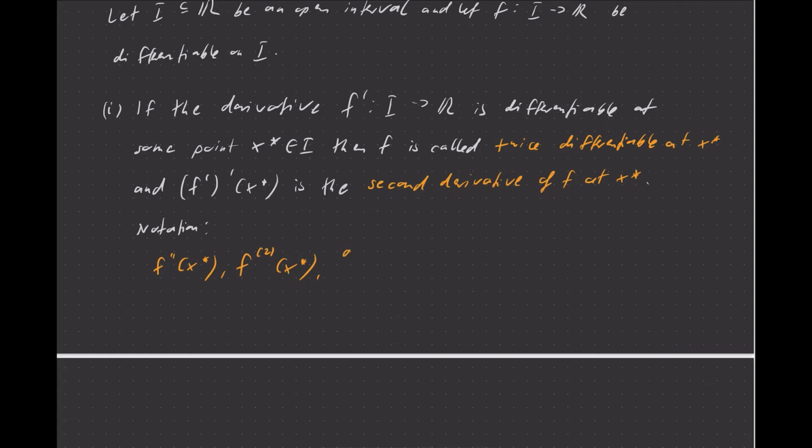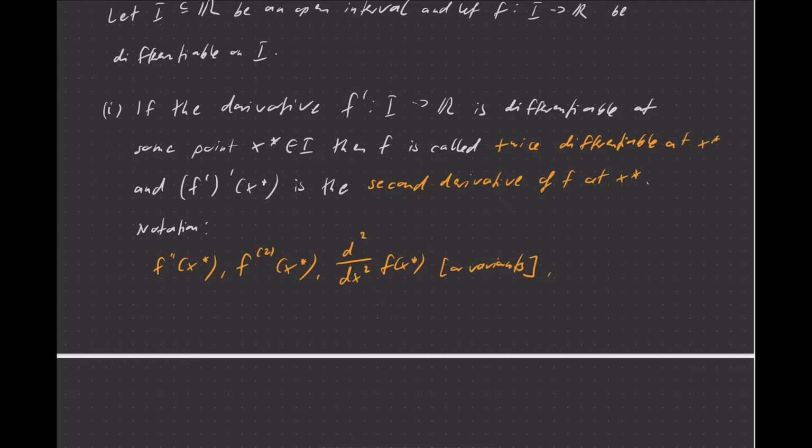You can write that in the way d squared over dx squared f of x star. Or of course, the usual variants of this, basically putting the f here in this place, and of course the x star can also be put into the numerator like that. So these are the variants that I mean.